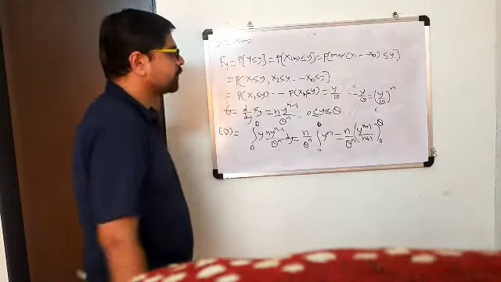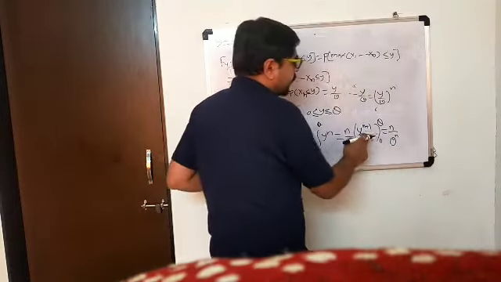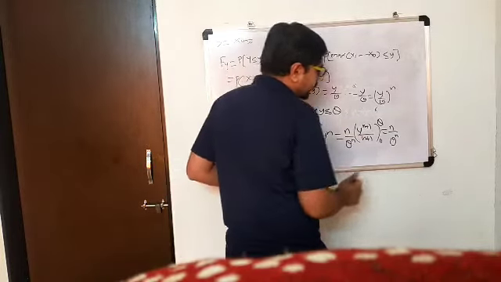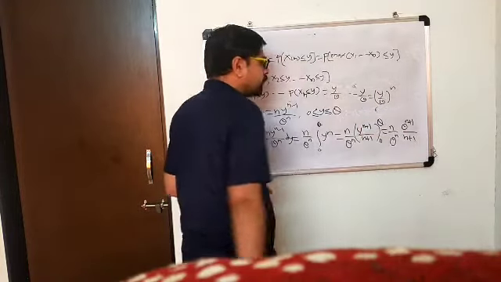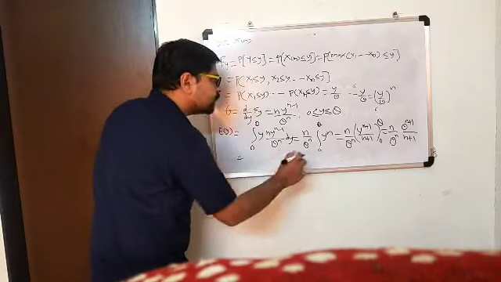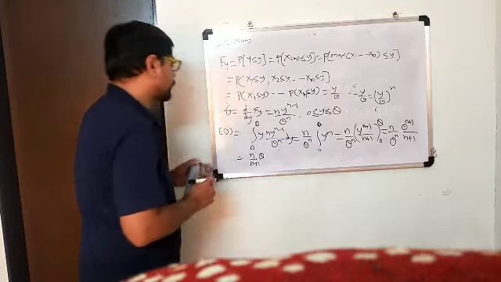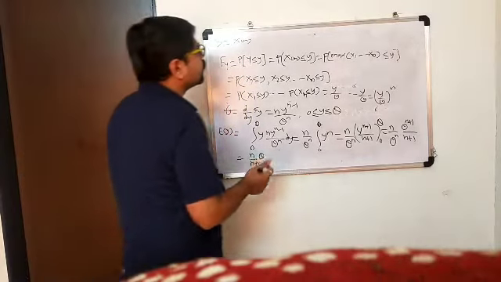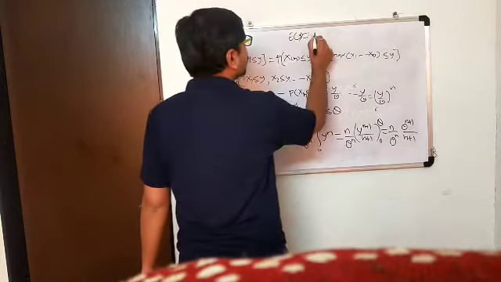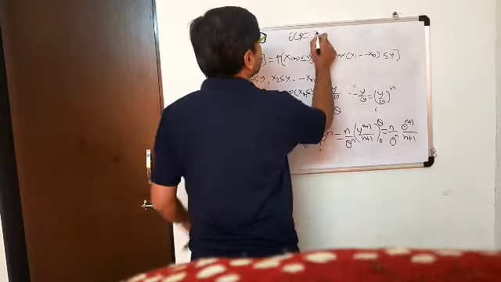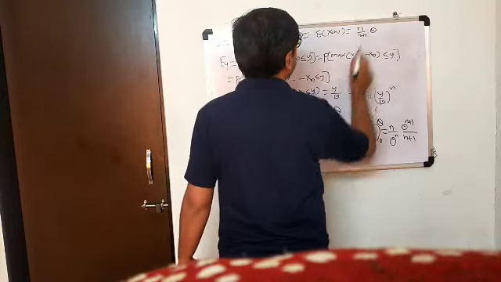Putting the limits 0 to theta, we have theta raised to n plus 1 upon n plus 1, and at 0 it is 0. So the expected value of Y, which is the expected value of X ordered n, is n upon n plus 1 into theta.